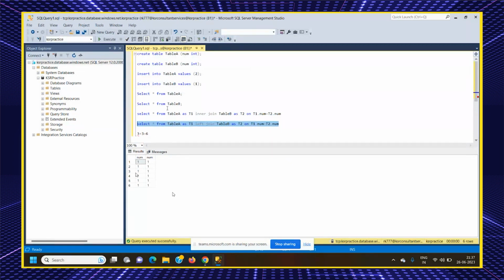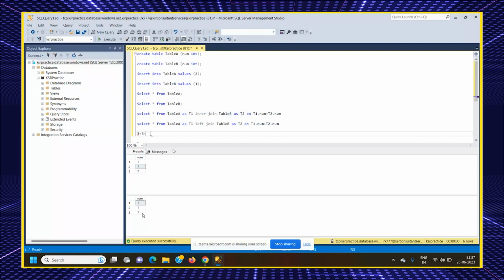In case of left join, all the records from the left table, that is the first table, would come into the picture, and only matching records from the second table would come. Here we have a 1 in table A and three similar 1s in table B, so it would be three records. The second 1 would again have three similar records.